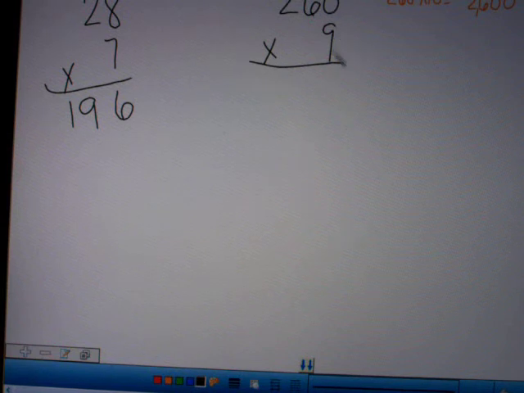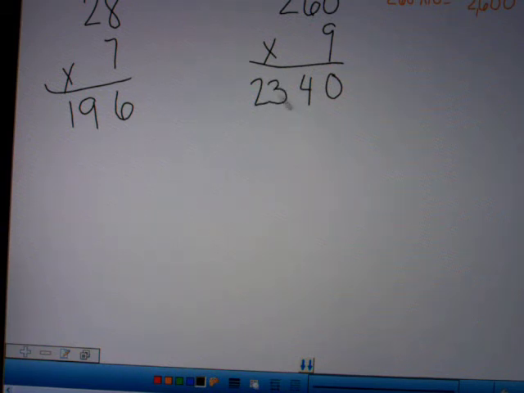So when I do 9 times 0, anything times 0 is 0, so I don't have to worry about that. When I do 9 times my 6 groups of tens, that gives me 54, so I'm going to put my 4 here, and this is my 5 up here. And then I multiply 9 times 2, which is 18, plus 5 is 23.